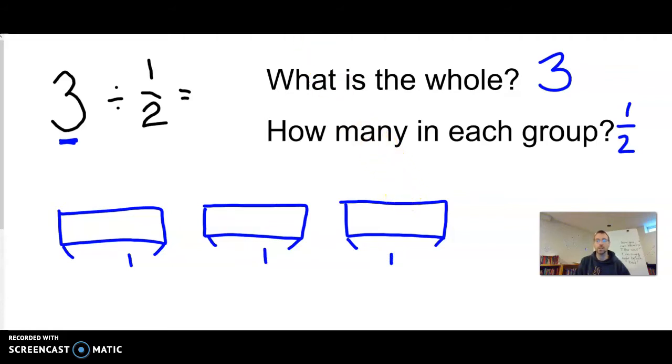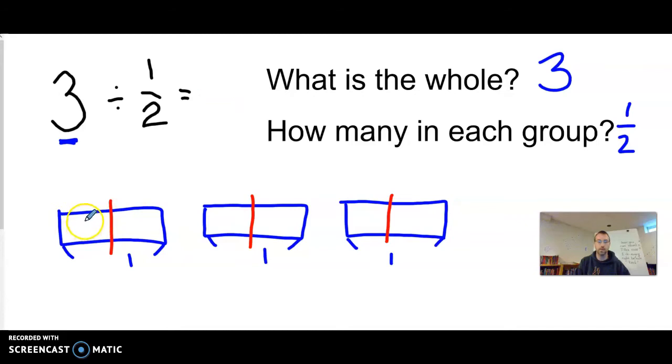Now here I want to cut them in half. Dividing means I'm making my 3 wholes smaller. Remember, division is getting smaller, as we think about that in theory. So I'm going to cut this one into half, this one into half, and this one into half. Now I'm going to put my halves into groups.